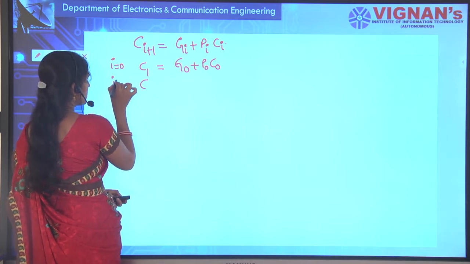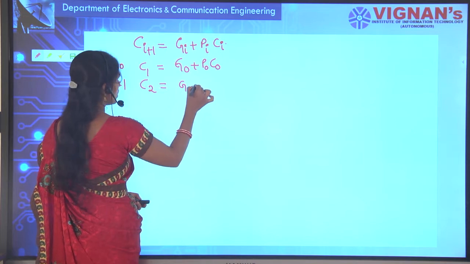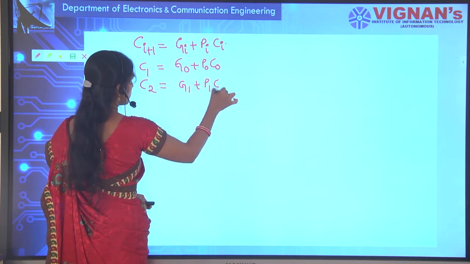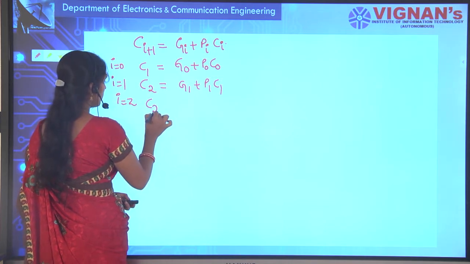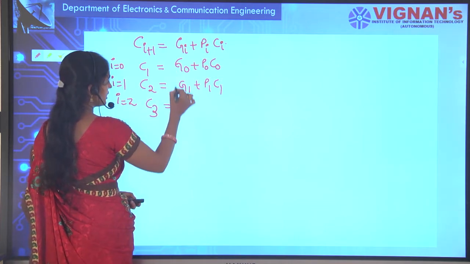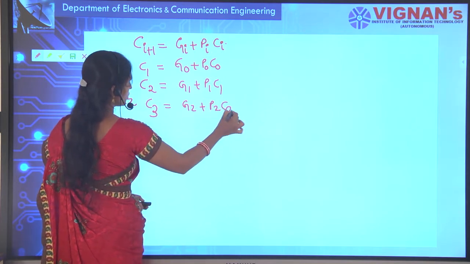If i is equivalent to 1, that is C2 is equivalent to G1 plus P1 into C1. If i is equivalent to 2, you are provided with C3. C3 is equivalent to G2 plus P2 into C2.